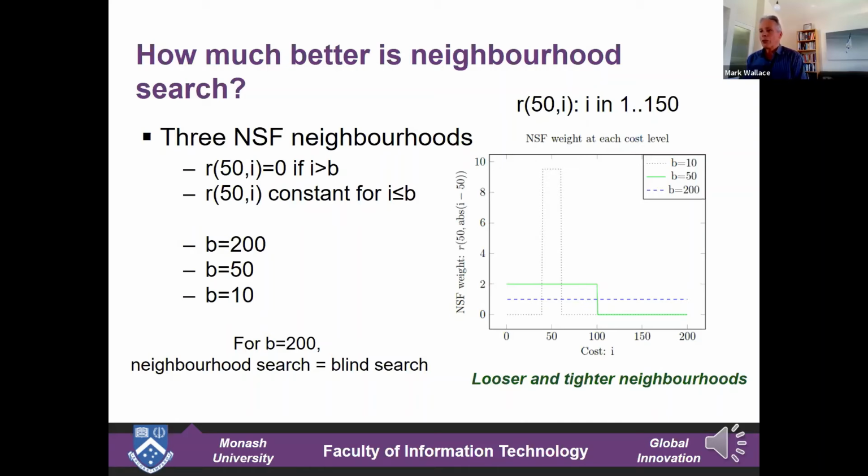But obviously, if the neighbourhood has a maximum fitness difference of 10, then you've got a very high probability of any of those points between 40 and 60. So we call these looser and tighter neighbourhoods. So the tightest neighbourhood has B equals 1, I guess.